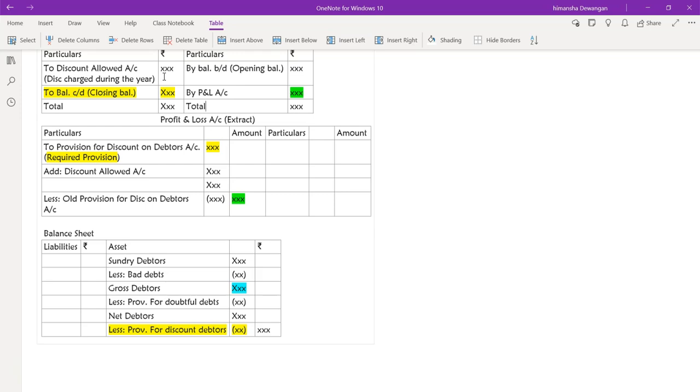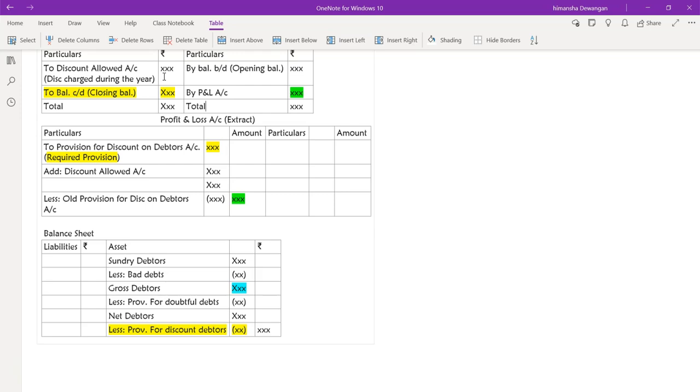All right. So another way to remember is, you tell me, Richa, let's say you have 1 lakh of debtors and you feel that for 10,000 of it you are doubtful that you will receive it. Will you still provide a provision to give discount to that person even when you feel this person will not pay you the money? You will have two things.